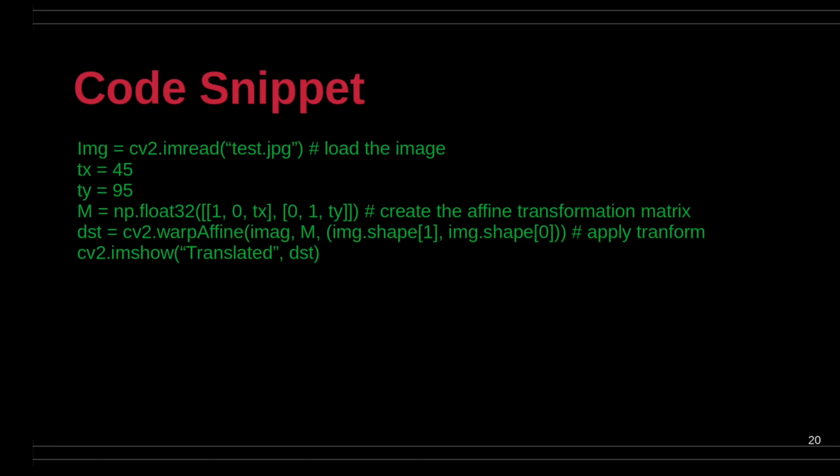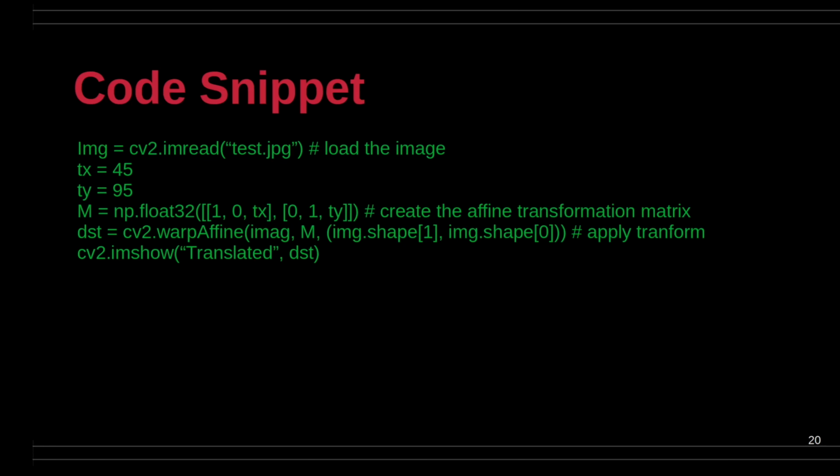Here is a code snippet to illustrate the use of the warpAffine function. We load an image using the cv2.imread function. We define the translation factors tx and ty. We create the affine transformation matrix M. We apply the transformation using cv2.warpAffine.